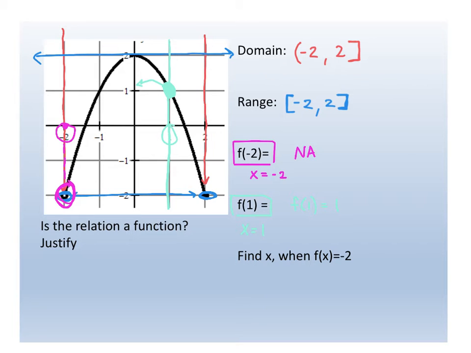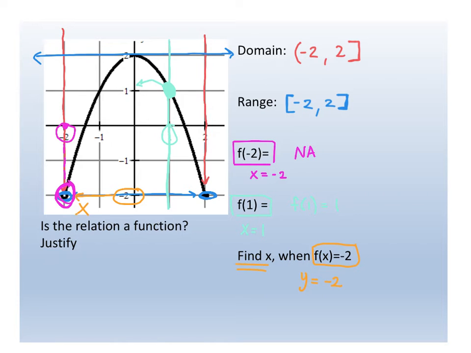Okay? Now, next one, let's do it in orange. This one says find x when f of x is equal to -2. What that's telling you is that y is equal to -2. So if you guys go to your y value of -2, it's here. Where does it touch my graph? Notice the point to the left, it does not touch it.